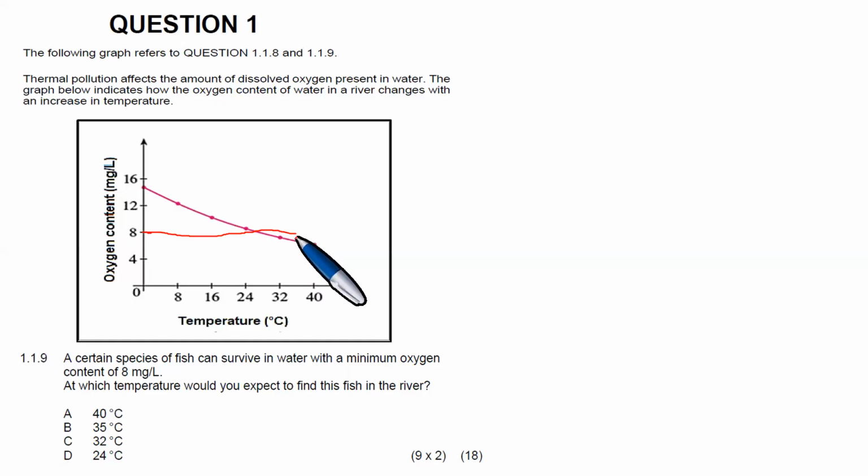Obviously the line is not straight, but that would mean the temperature would be about that. So it means therefore the correct option will have to be 24 degrees Celsius.